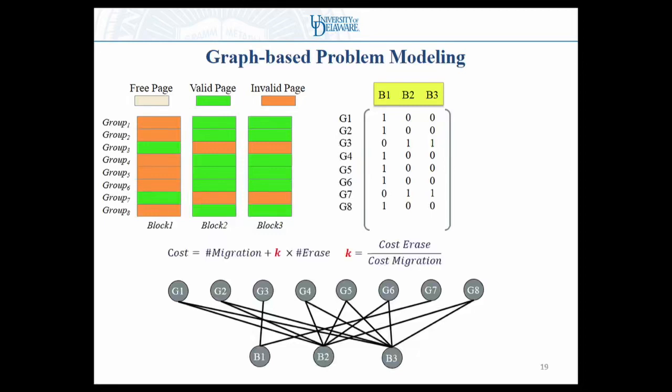And you remember we have this k factor in our equation. To implement this k factor and consider it here, we are going to add k extra groups to both our matrix and our graph. Here, for the sake of simplification, I choose k equal to 1, but later in the results, I'm going to change this.